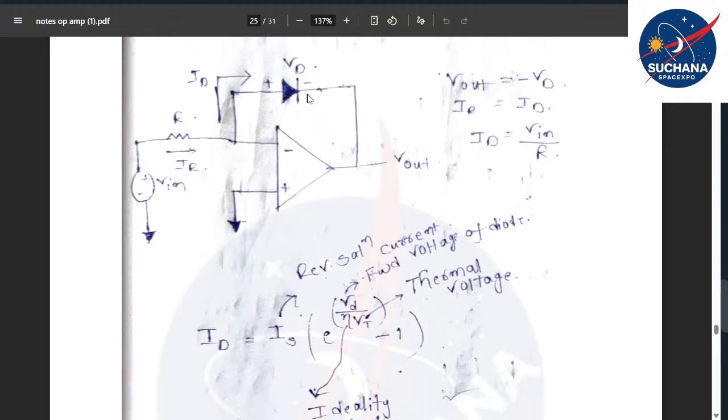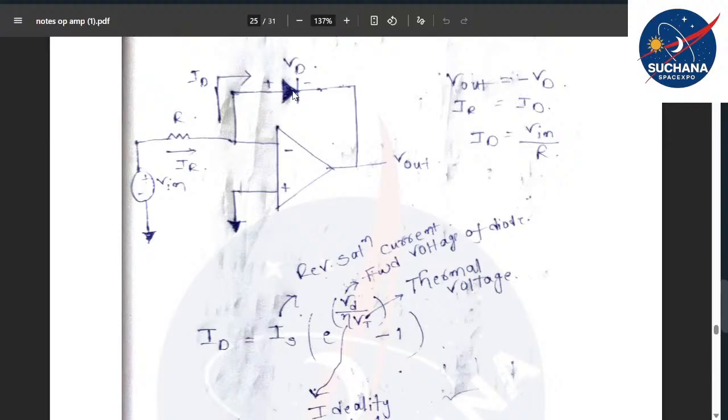So for the diode there is one equation. If you are placing a capacitor in the negative feedback path, then you need to know the fundamental equation of the capacitance. Am I correct or not? Because from Q = CV only we derived everything.